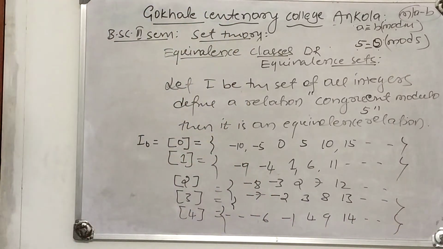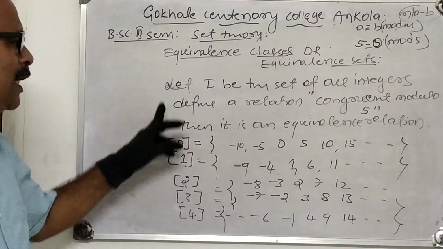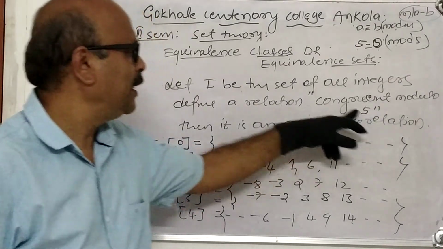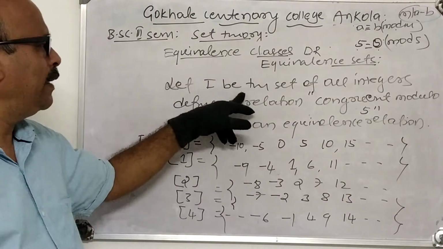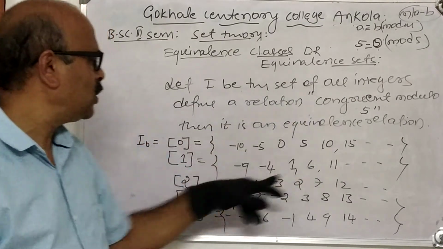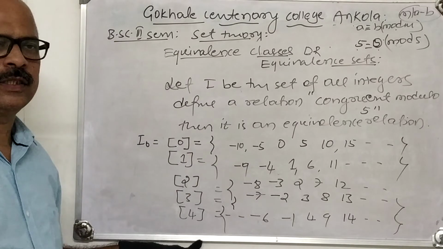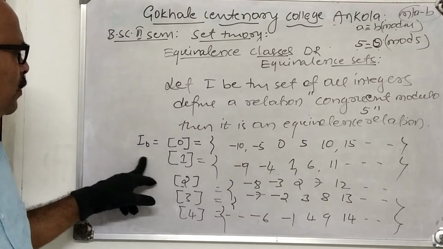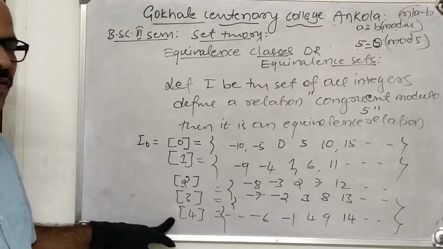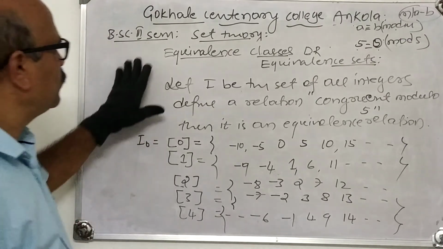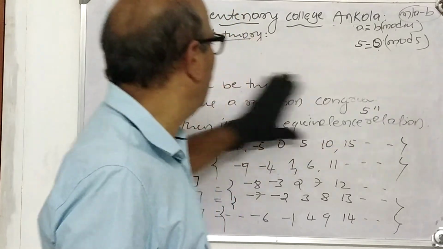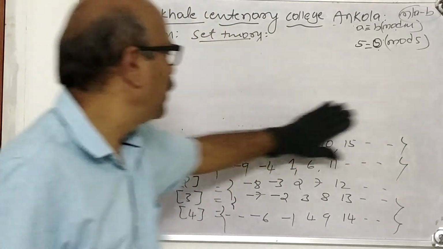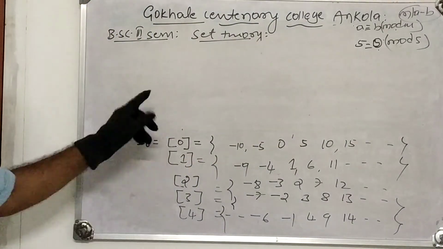Now we have 5 equivalence classes here. Congruent modulo 5 is an equivalence relation in I, and it determines 5 equivalence classes: 0, 1, 2, 3, 4. Sometimes they are denoted by I0, I1, I2, I3, I4 also. Why are there only 5 equivalence classes here?